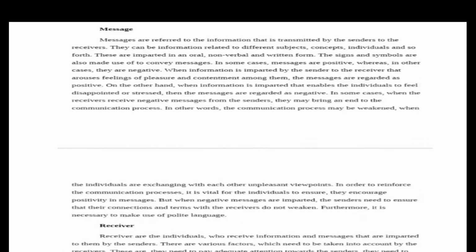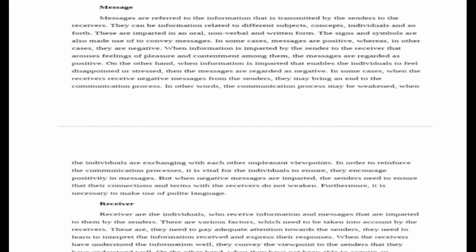So, the next stage is message. Messages are referred to the information that is transmitted by the senders to the receivers. So, messages are the information that is transmitted by the sender to the receiver. They can be information related to different subjects, concepts, individuals, and so forth.